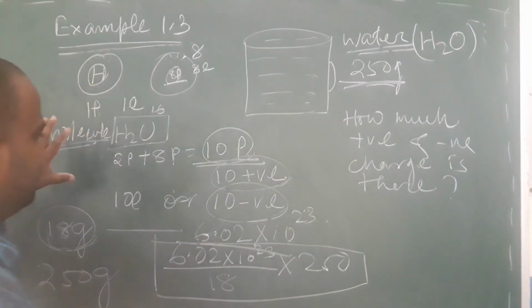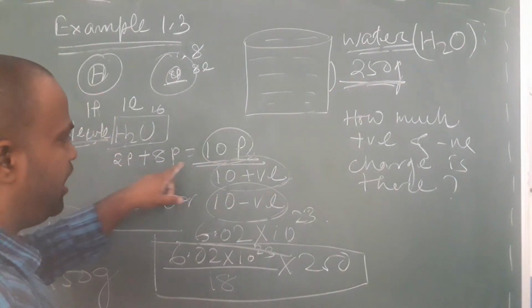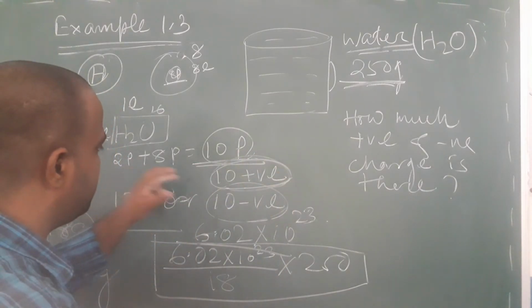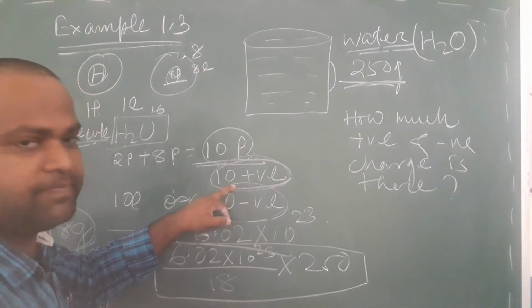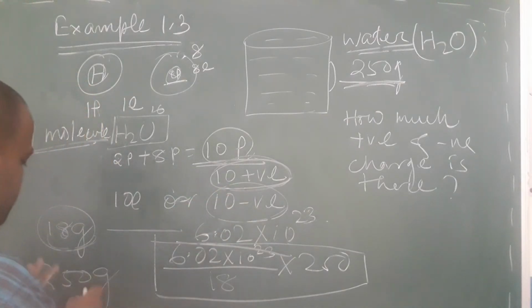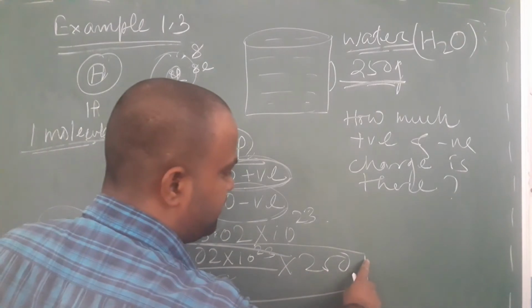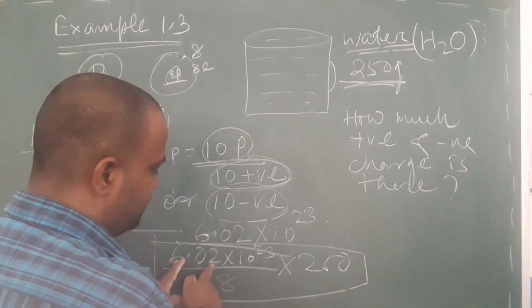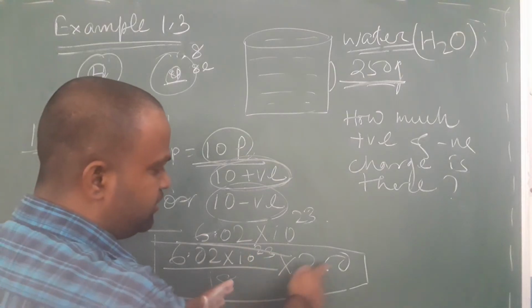Now in one molecule, how many positive charges are there? 10 positive charges. So in 250 gram, how many water molecules are there? 6.02 into 10 to the power 23 into 250 by 18.